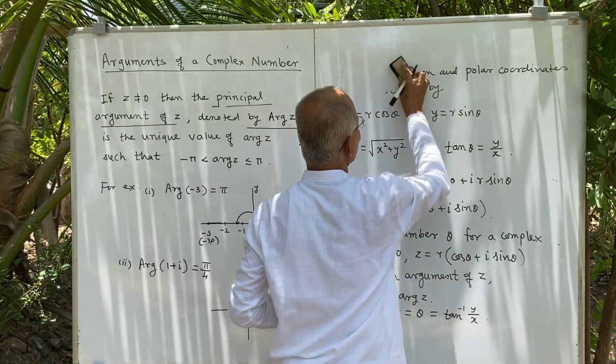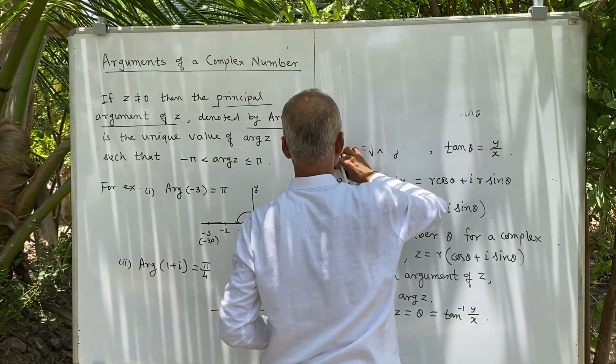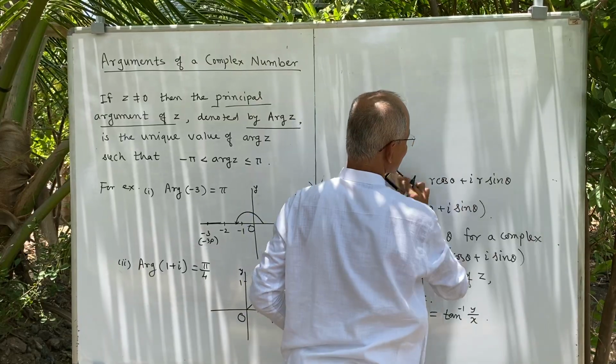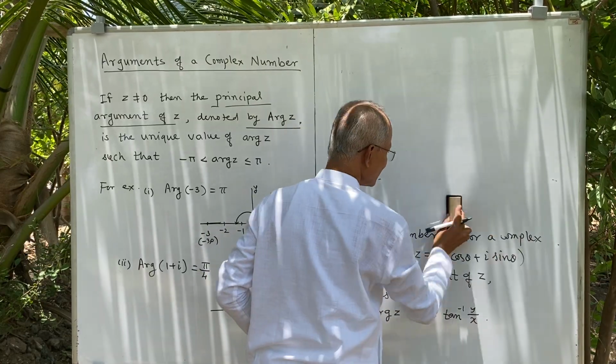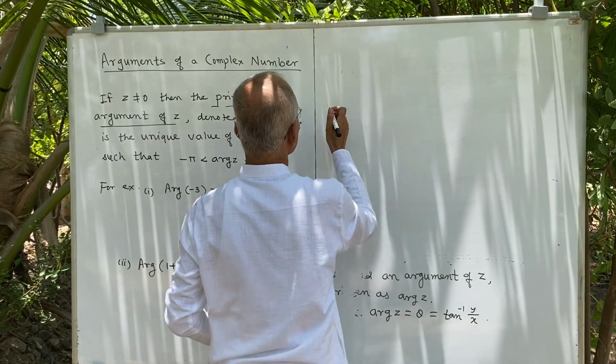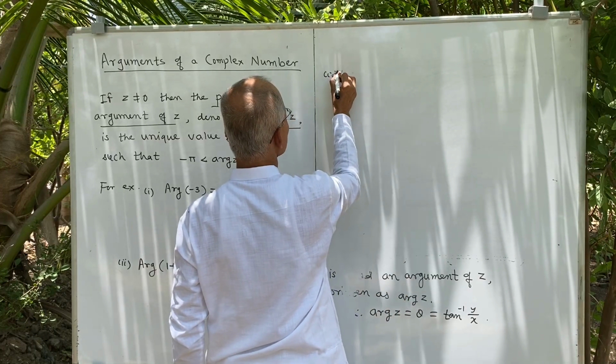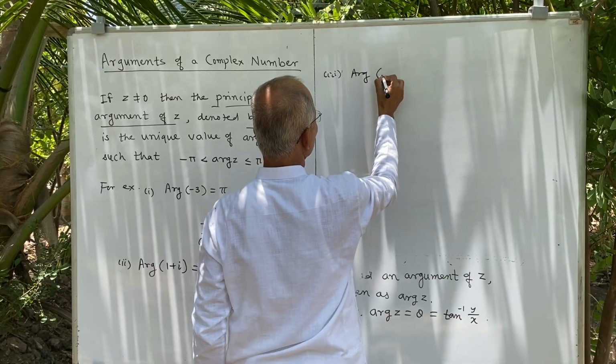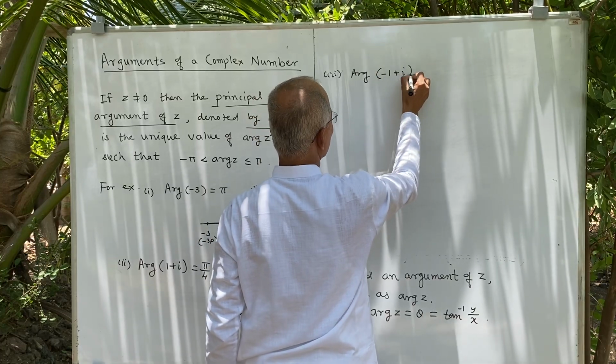Likewise we can have a point in the second quadrant, and for that we may consider the argument of minus 1 plus i.